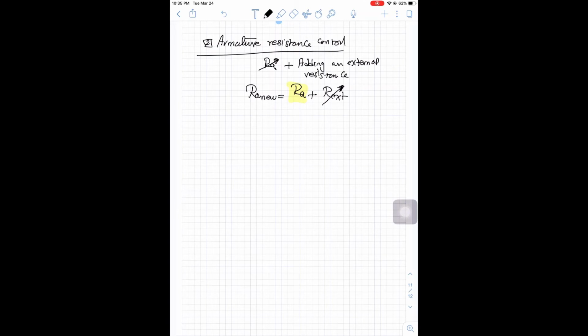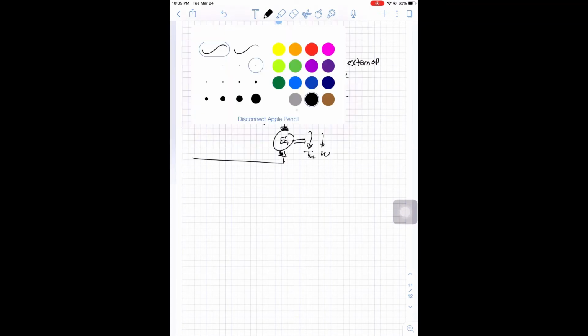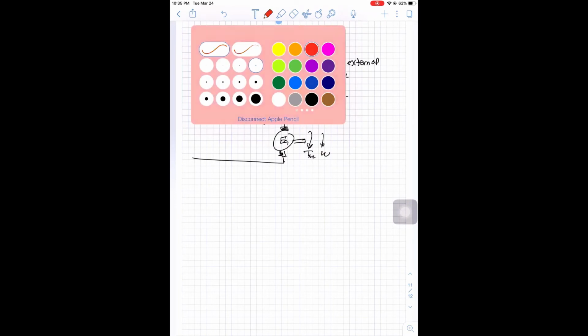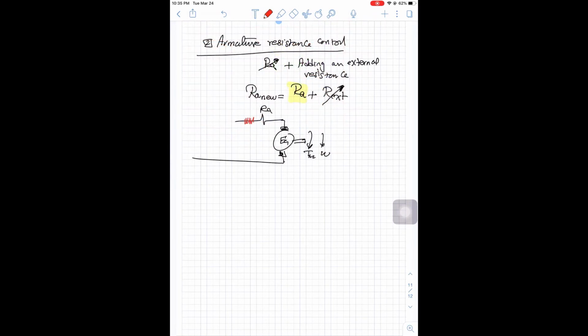So if we sketch the circuit here, here is our RA, which is the wire resistance. Here is our armature, E armature, T motor, omega. So what we will do here is add a variable resistance, R external.